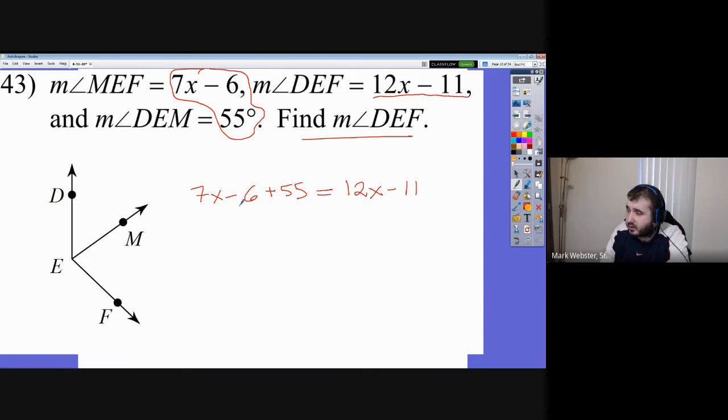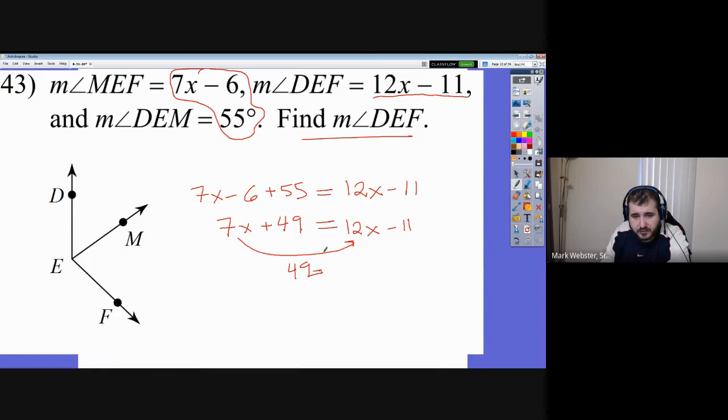Let's combine our like terms. Negative 6 and 55. 7x plus 55 minus 6 is 49, right? Equals 12x minus 11. So once again, we're going to try and get x by itself. So we have to start by choosing a side for x. I'm going to move over to the right.